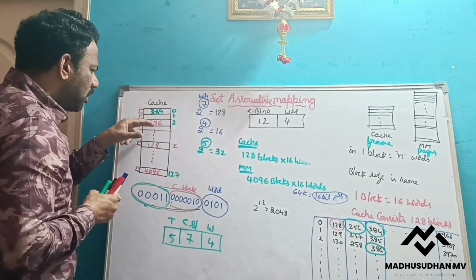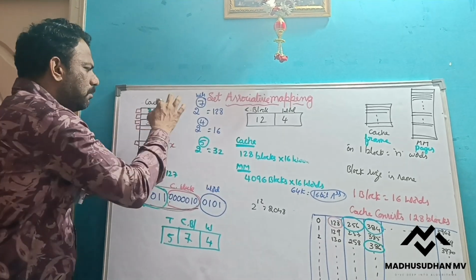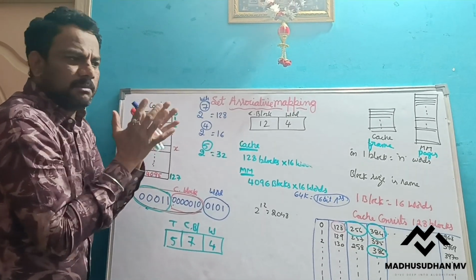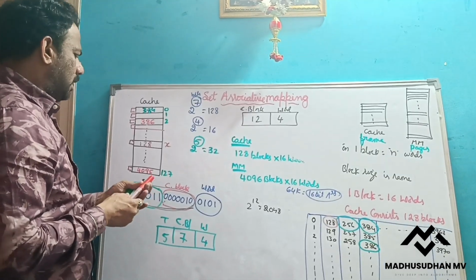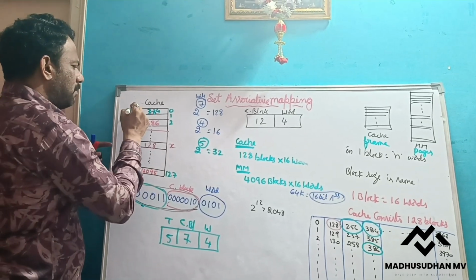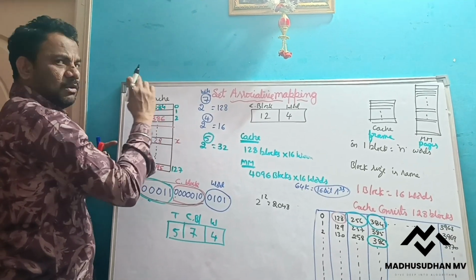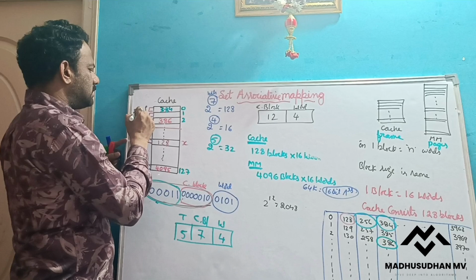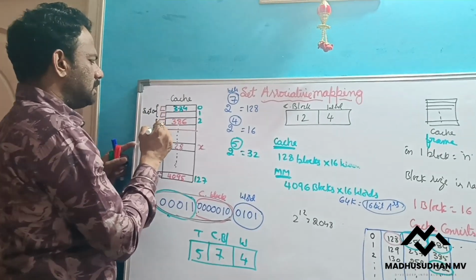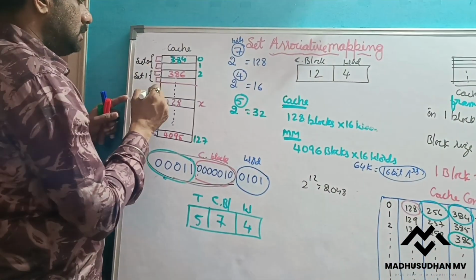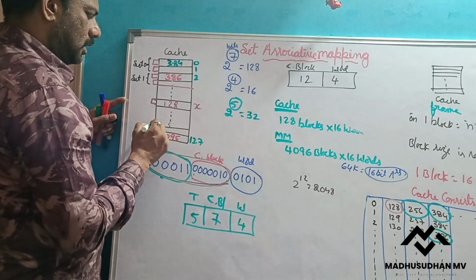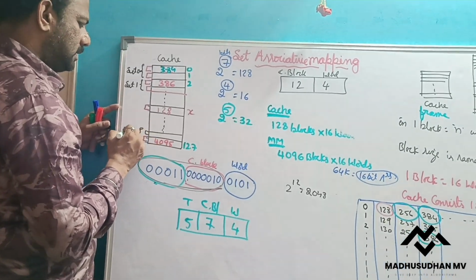These are individual blocks we discussed till now. Now I will group the blocks as a set, a pair or group. I make two blocks in one set. So this is set 0. Similarly, this is set 1, and similarly the last one.